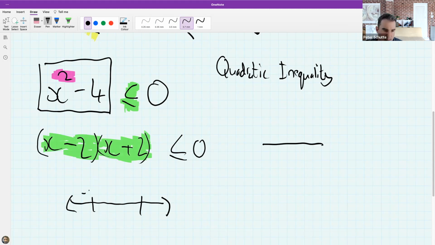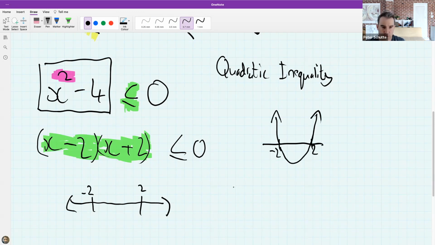On my number line, I'm going to write minus 2 and 2. Now, if we think of this as a parabola, and this is what some methods will do, this is a happy parabola, and it would look like this with minus 2 and 2 as the roots.